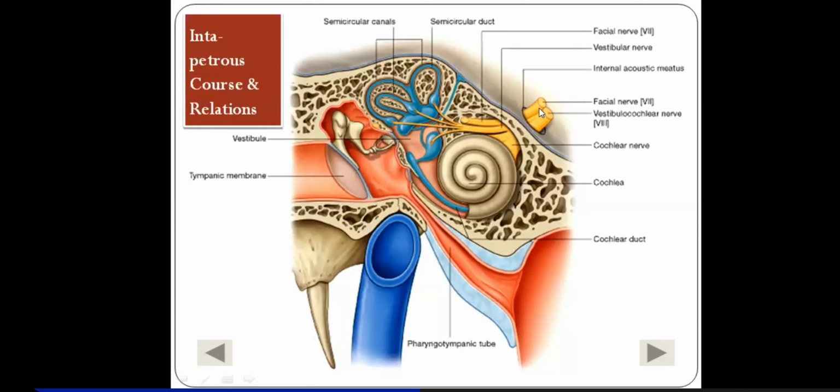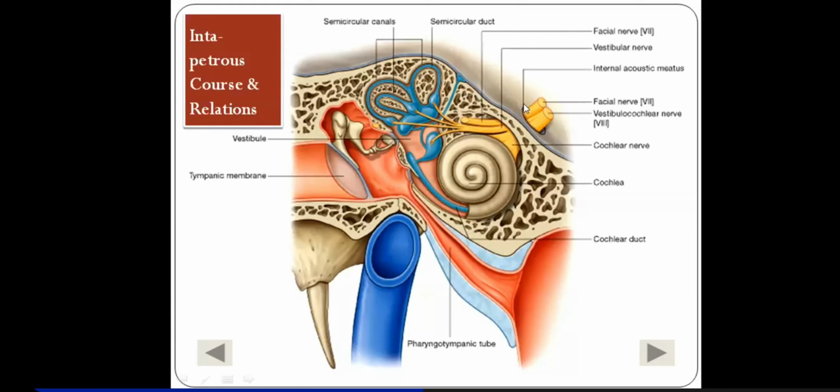Talking about this, you can see this is the posterior surface of the petrous temporal bone, and this is the pharynx, which communicates with the anterior wall of the middle ear cavity through the pharyngotympanic tube, also called the auditory tube. So you have this orientation of the diagram.